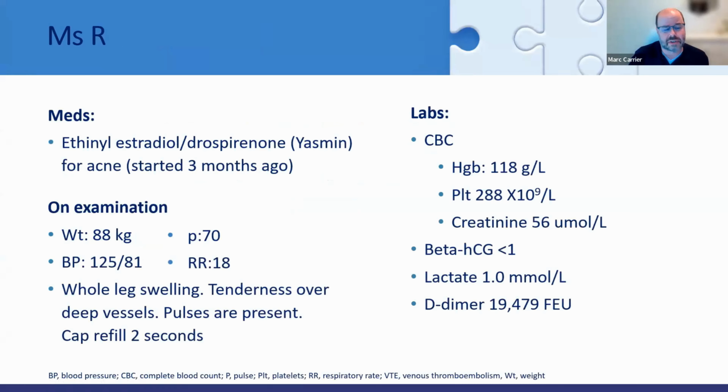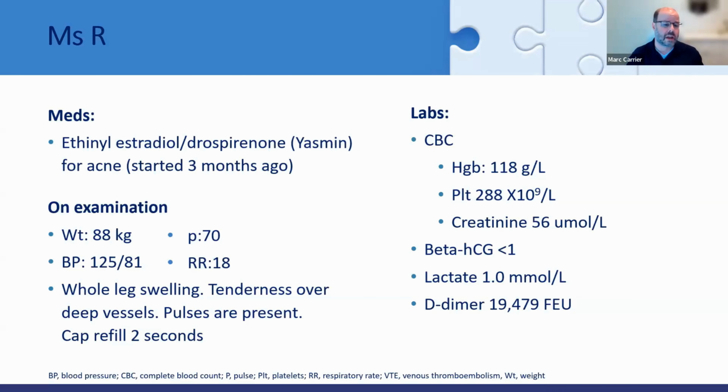She was recently started on an oral contraceptive 3 months ago for acne. On examination, her weight is 88 kilograms. Her vital signs are within normal limits. She has whole leg swelling, with tenderness over the deep vessels. The pulses are still present. You're not worried about vascular compromise. Cap refill is 2 seconds.